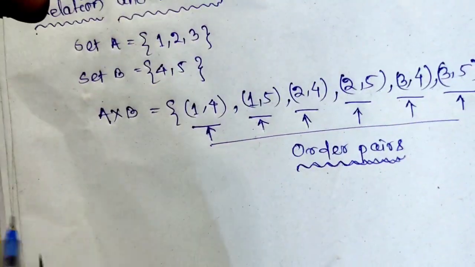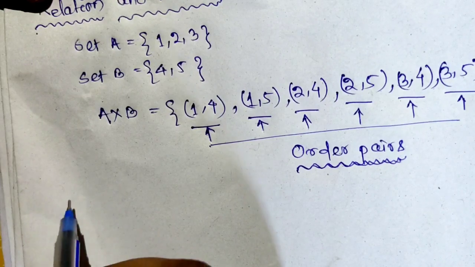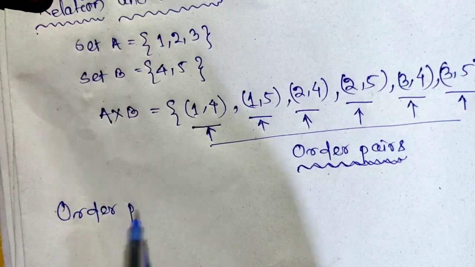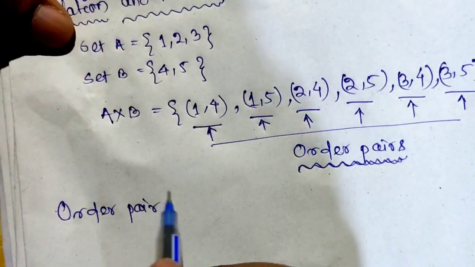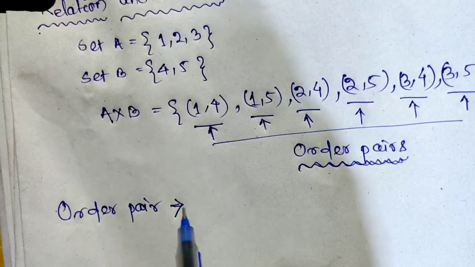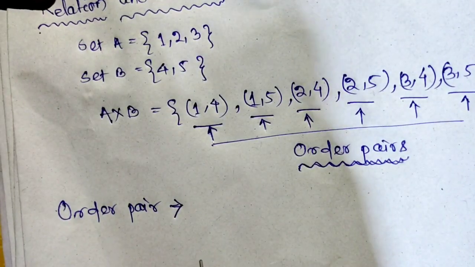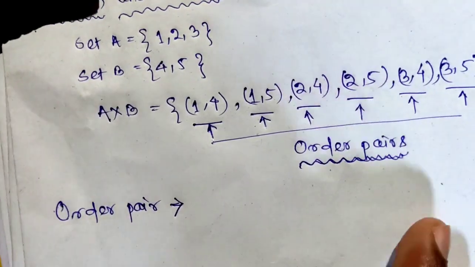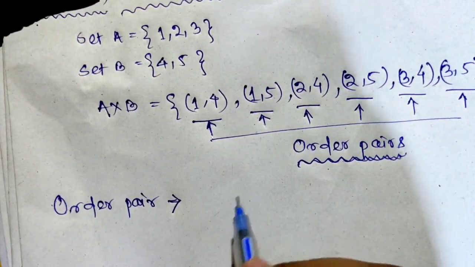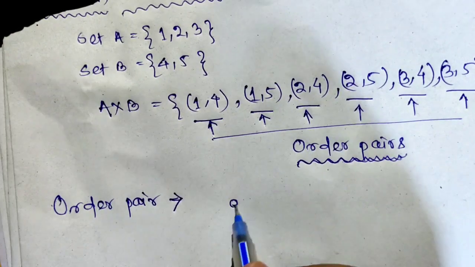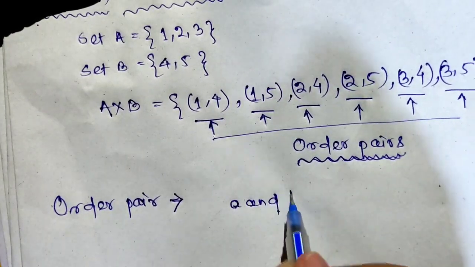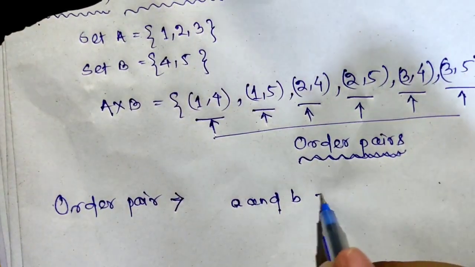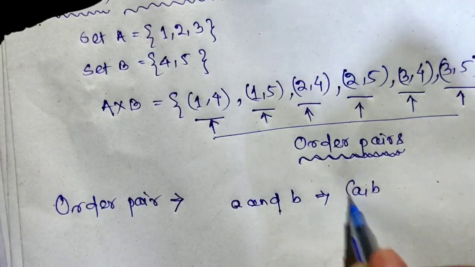So we should know about the ordered pair. What is an ordered pair? An ordered pair generally consists of two objects or elements in a given fixed order. Means if we take two elements a and b, then their ordered pair may be represented as (a, b).